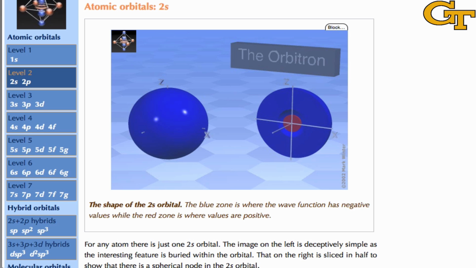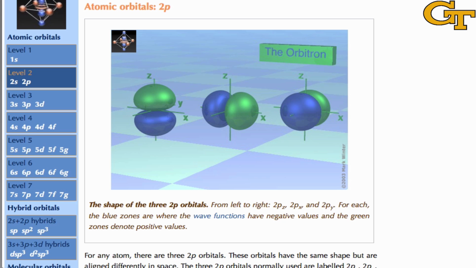of the opposite sign. The 2p set of orbitals introduces a totally new set of wave functions. So remember, there are 3 degenerate orbitals for the 2p level. There's the 2pz, 2px, and 2py, and you're seeing these 3 right here. They're sort of dumbbell shaped is the way I like to think of them. And notice that we have 2 regions with opposite sign of the wave function.